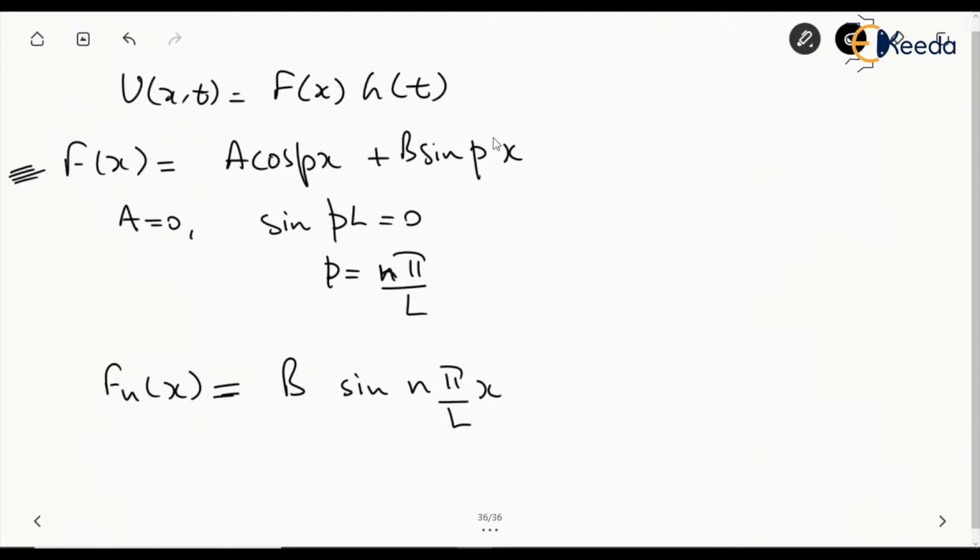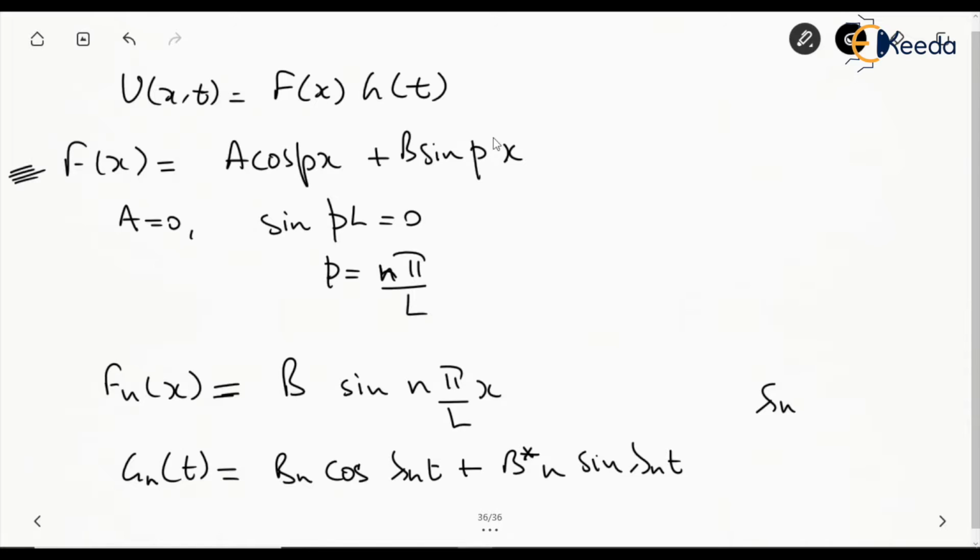So this is important. Other than that, this g n of t will be given by bn cos lambda n t plus b star n sin lambda n t, where this lambda n will be given by c into n pi by L, that is nothing but cp, right?